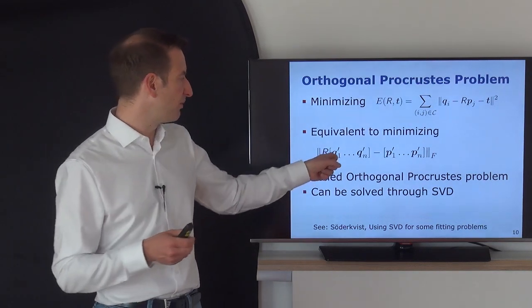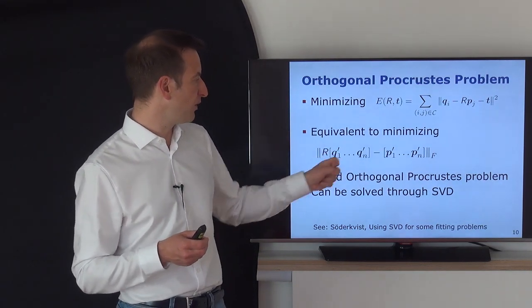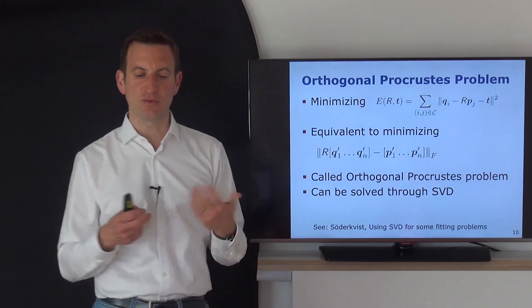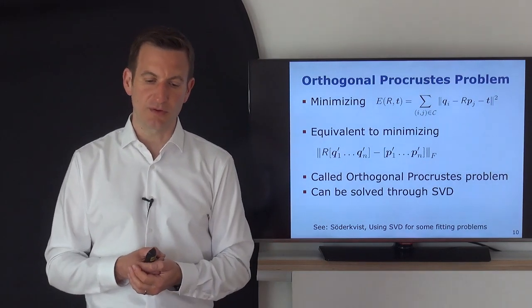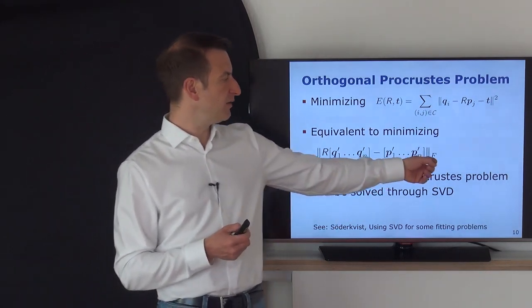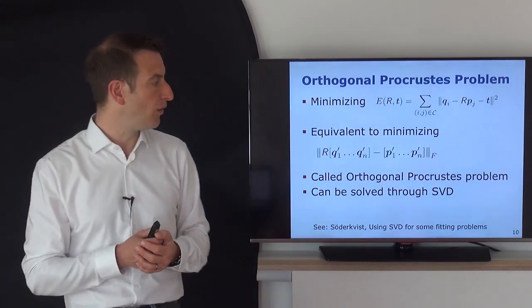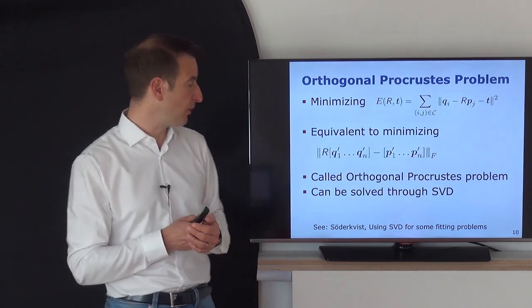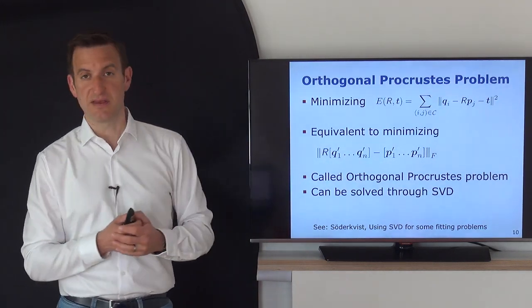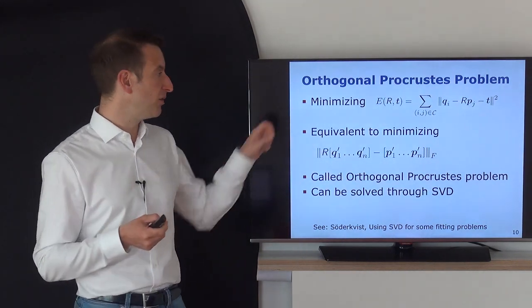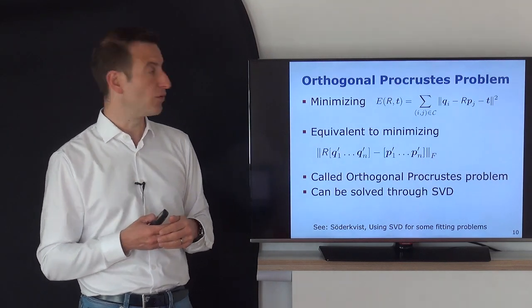That, of course, point 1 corresponds to this point 1, point 2 corresponds to the other point 2, because we're only computing this over the corresponding points. And then we take the Frobenius norm of the result. So this means the difference in all the elements of this matrix that we have. And when we minimize this, this is equivalent to minimizing the original expression over here.